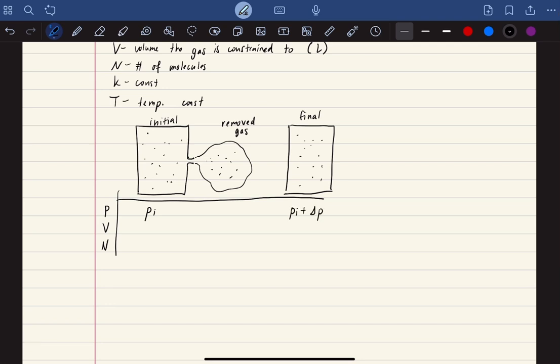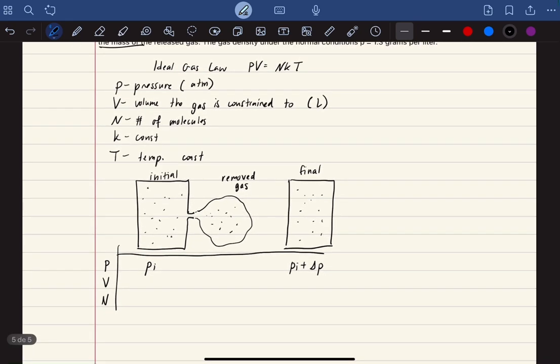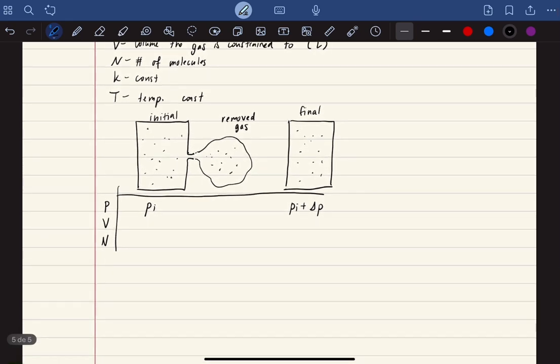Now for the removed gas, let's say we're removing the gas until it reaches atmospheric pressure, P naught, which is 1 atm. So the volume of this bag increases until the pressure inside it reaches 1 atm. I'll call this volume some random volume V1.